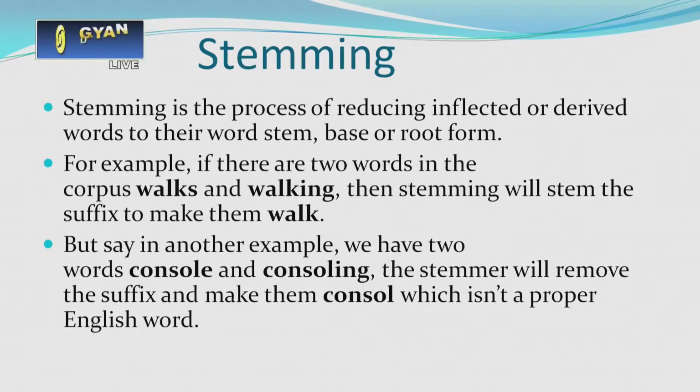So there is another important technique, or else step you can call it, that is the stemming process. Stemming is the process of reducing inflected or derived words to their word stem, base or root form. For example, suppose the document consists of the word walk at one instance, and then walking in continuous tense, and then walks.